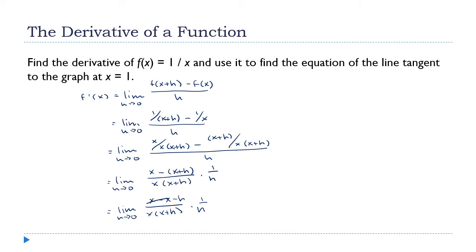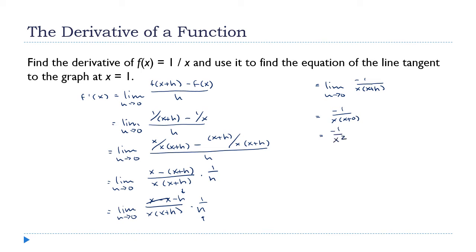Now this h in the denominator cancels with the h up here in the numerator, and I get the limit as h approaches 0 of negative 1 over x times x plus h. And now I can do the limit part. Substitute 0 for h. This is negative 1 over x times x plus 0. So that's negative 1 over x squared.